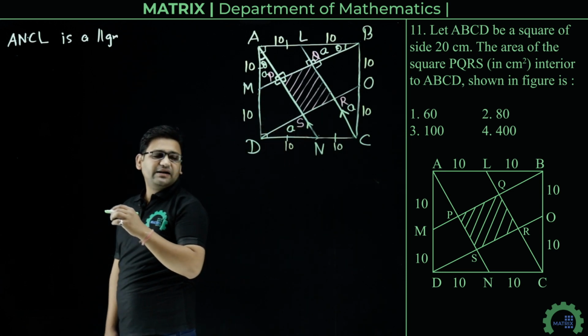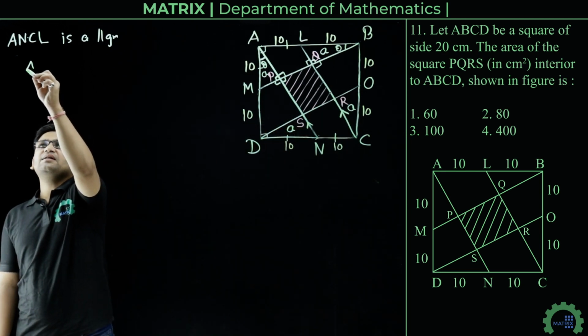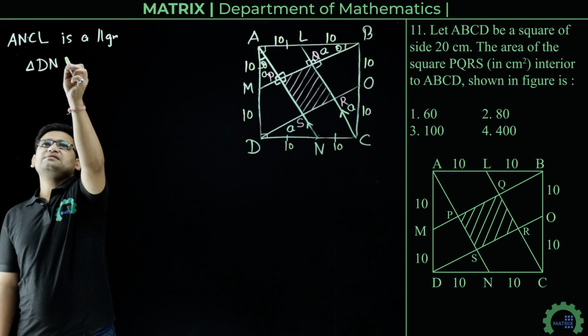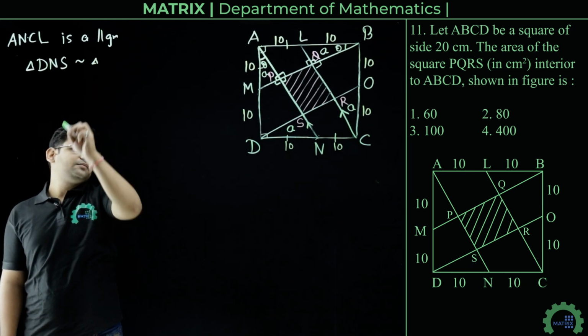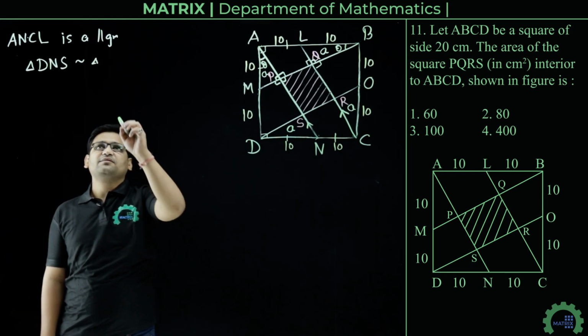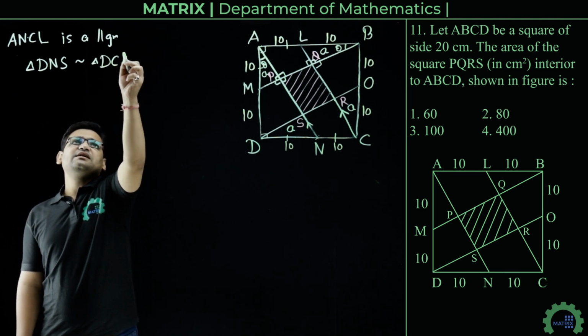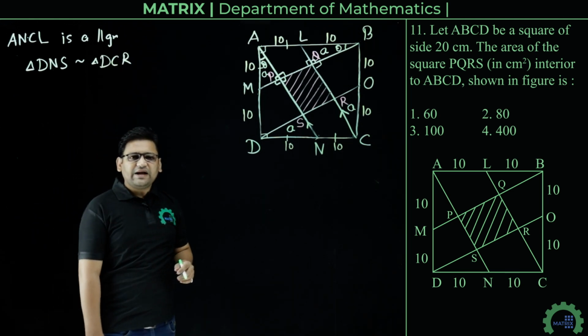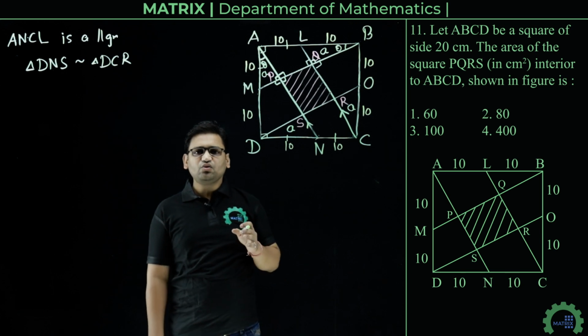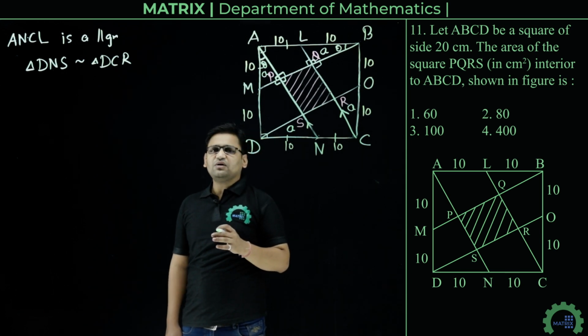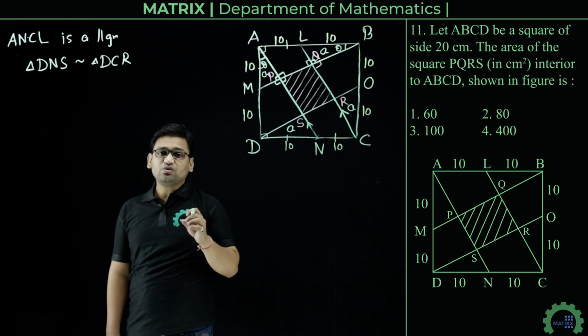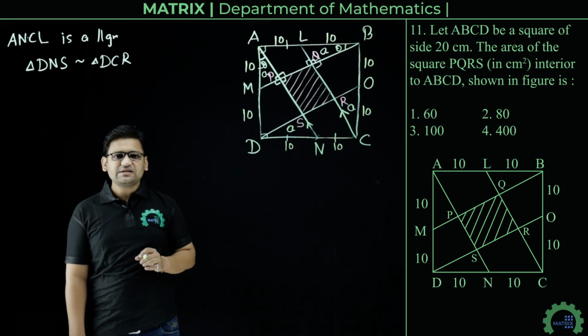We can see that triangle DNS is similar to triangle DCR. Now we know that the ratio of areas of two similar triangles is equal to the square of the ratio of their corresponding sides.